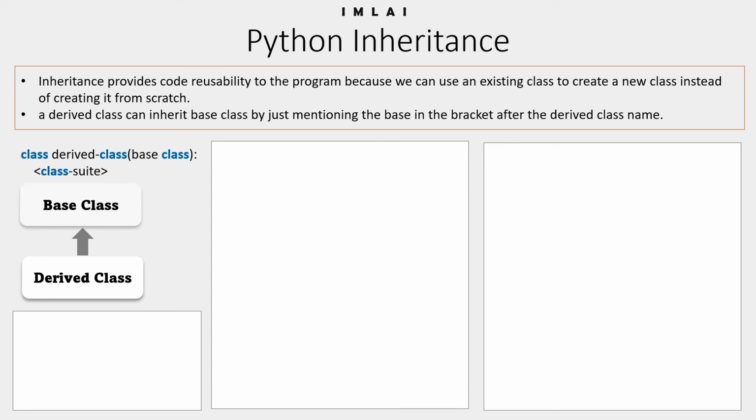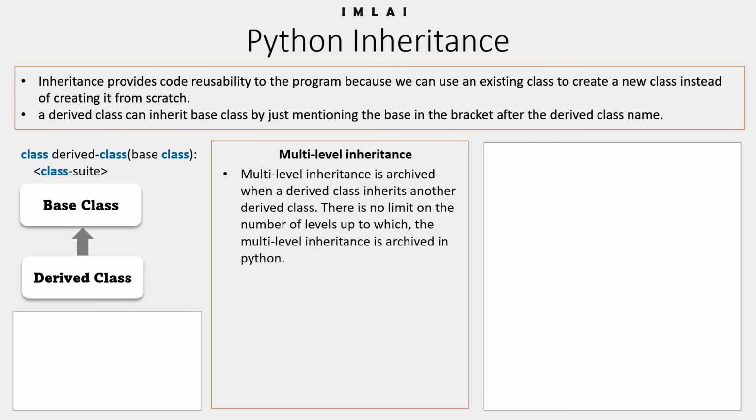Then there are different types of inheritances, out of which multi-level inheritance is one. Multi-level inheritance is achieved when a derived class inherits another derived class.